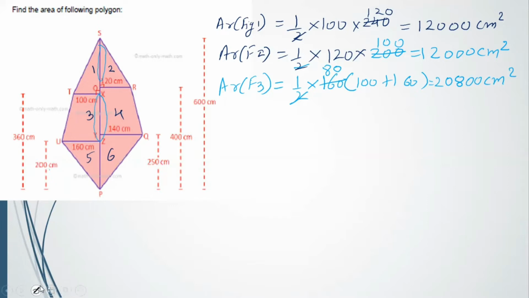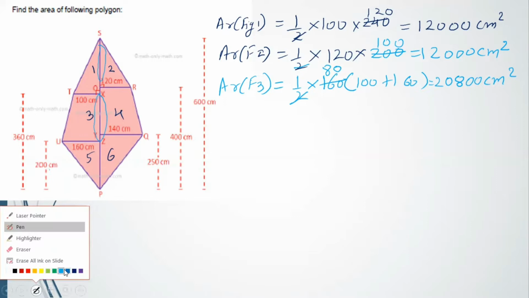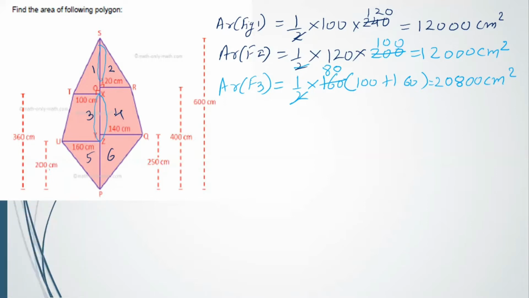Now let us find the area of the fourth figure, which is again a trapezium. The area of figure 4 is half into height into the sum of parallel sides. The parallel sides are 120 and 140, so 120 plus 140. Let us find the height of this trapezium. The height is this part.